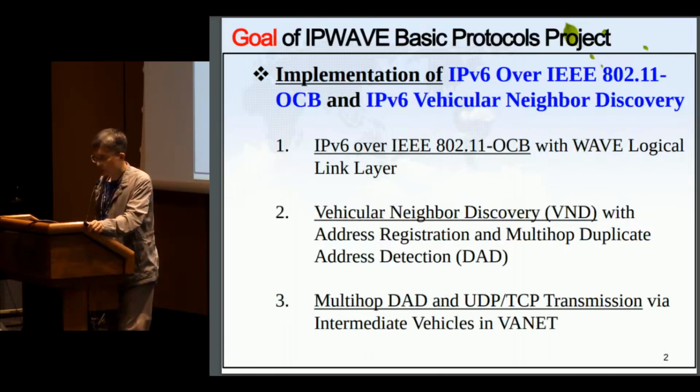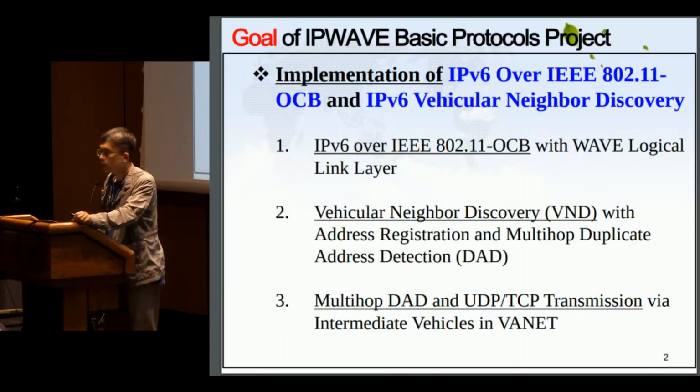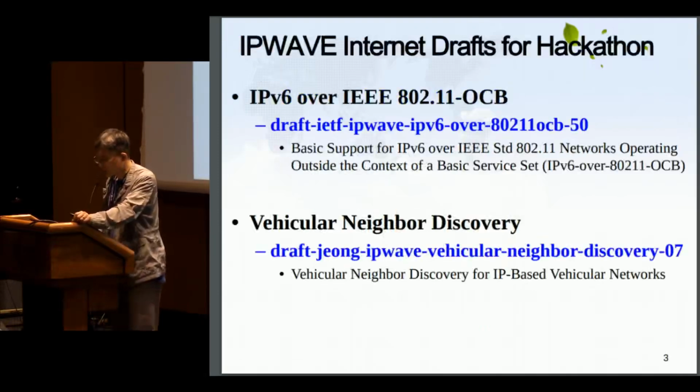The second one is vehicular neighbor discovery with address registration and multi-hop DAD. We also take advantage of intermediate vehicles in the VANET to reduce DAD time. Also we can shorten the initialization of TCP and UDP transmission. So we proved the two drafts, OCB and also the vehicular neighbor discovery draft.